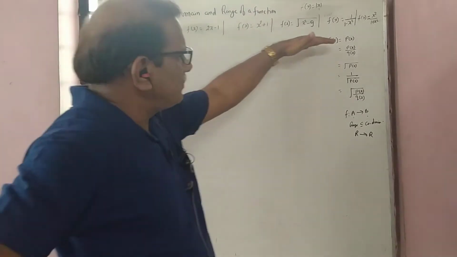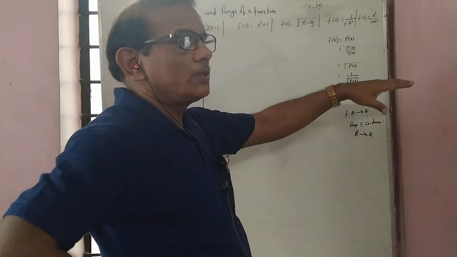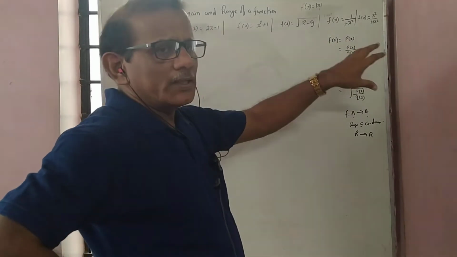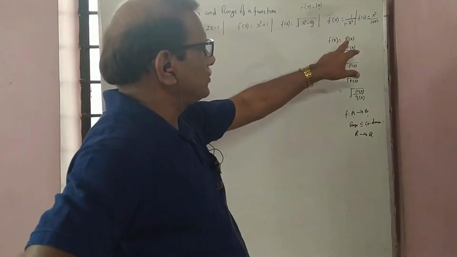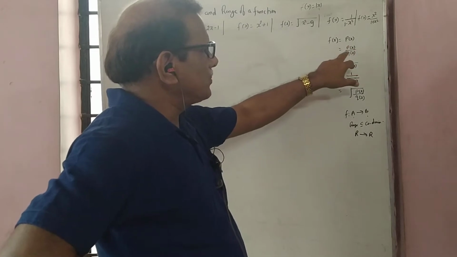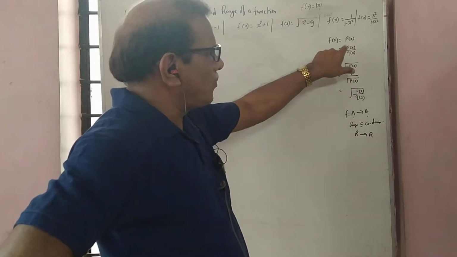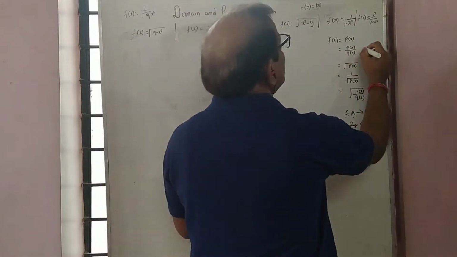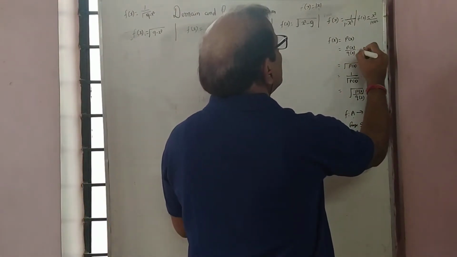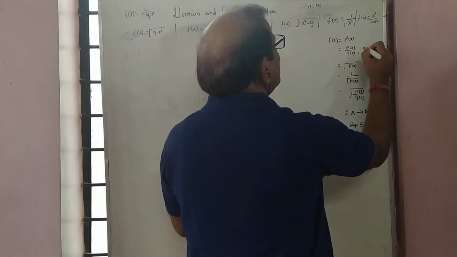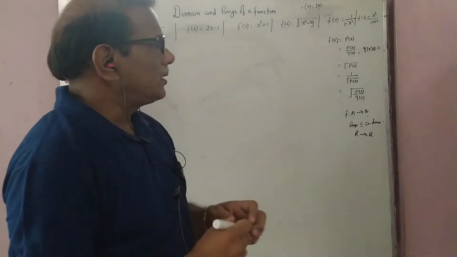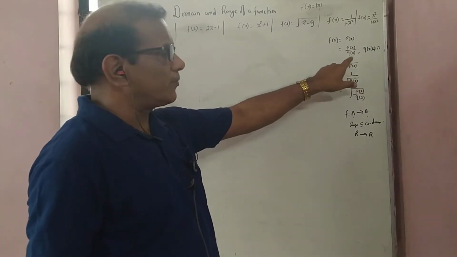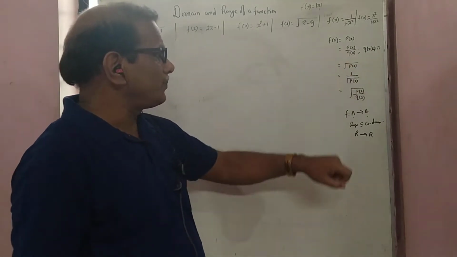There are some special types of function I have written here, like f(x) = p(x), a polynomial function, and f(x) = p(x)/q(x), a rational form, polynomial by polynomial. As you know, a denominator can't be 0, so this function will not be defined for those values of x for which the denominator is equal to 0.